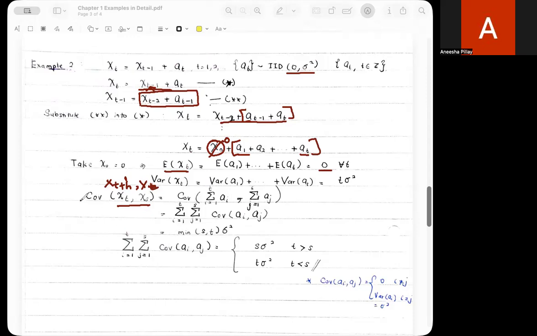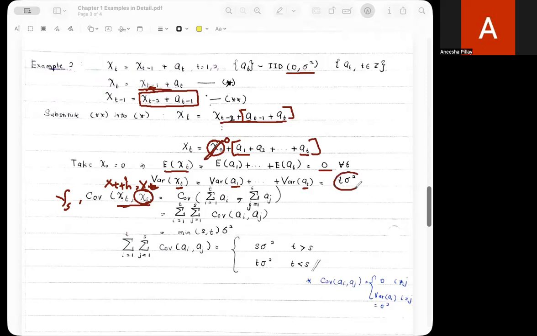So here you're actually looking at your autocovariance, because it's from t until s that you're looking at. The reason we have a summation is because when we are finding the variance of Xt, it will give you from variance of A1, because your X null is already gone, until variance of At, right?